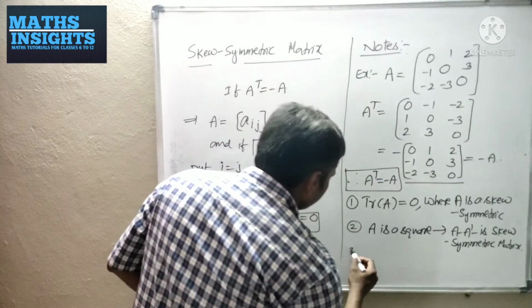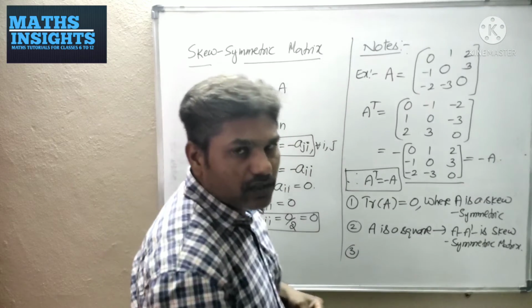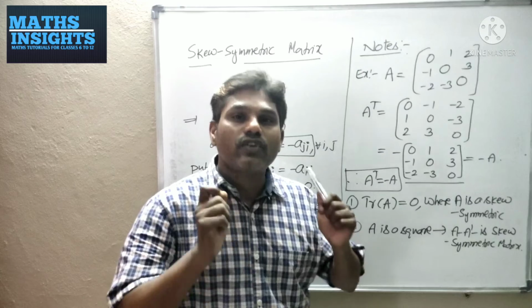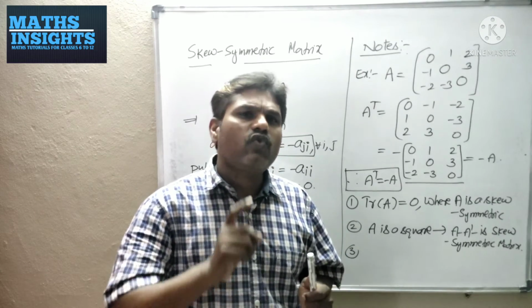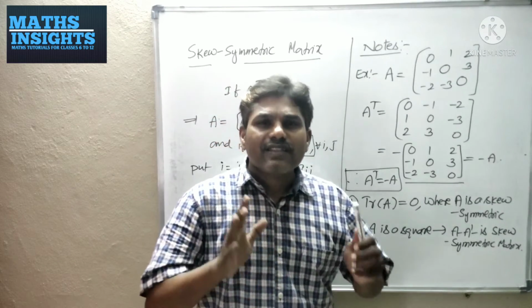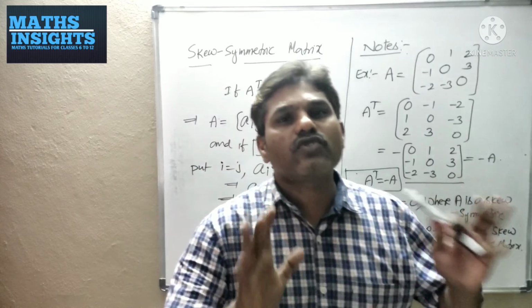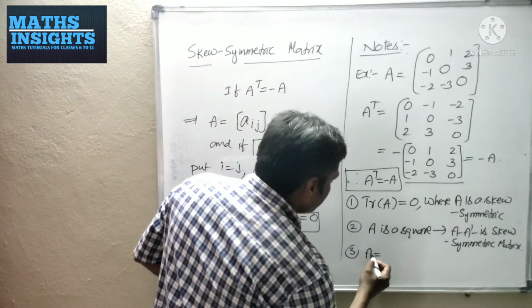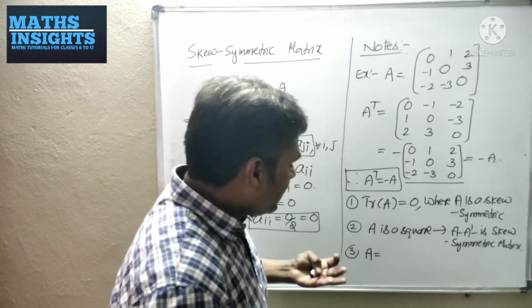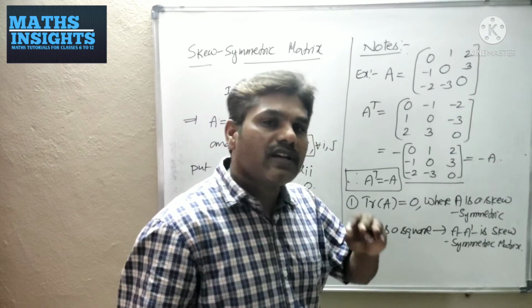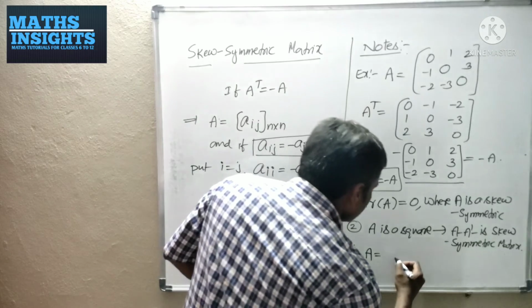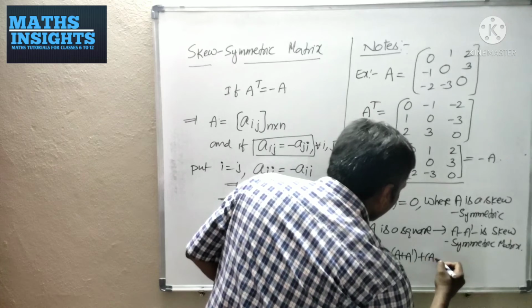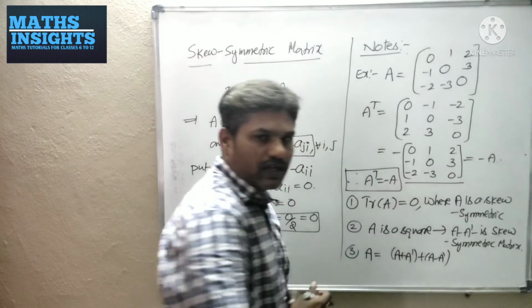The third note, which is very important also, says that any square matrix can be expressed uniquely, meaning in only one way, as the sum of a symmetric and a skew symmetric matrix. If you want to express the square matrix A as the sum of symmetric and skew symmetric, you know that A plus A dash is symmetric and A minus A dash is skew symmetric.